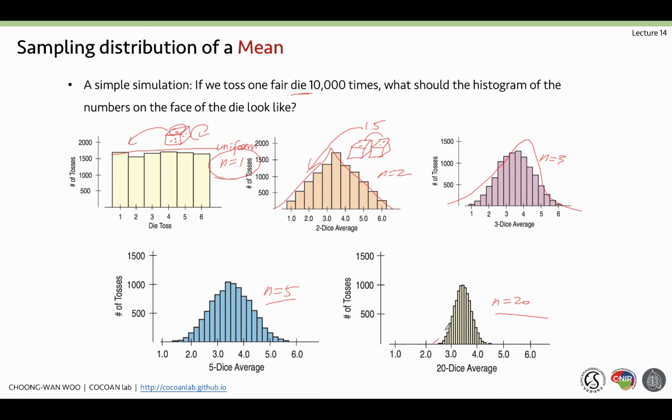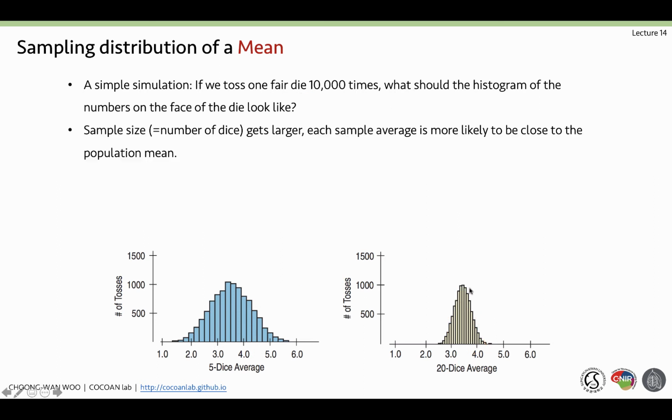If you have a larger sample size, the mean of that sample becomes more normal, and the mean of the distribution becomes an unbiased estimate of the whole population. 3.5 should be the mean of the dice. As the sample size gets larger, each sample average is more likely to be close to the population mean, as you can see here.